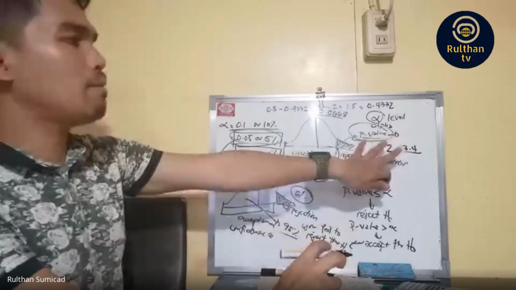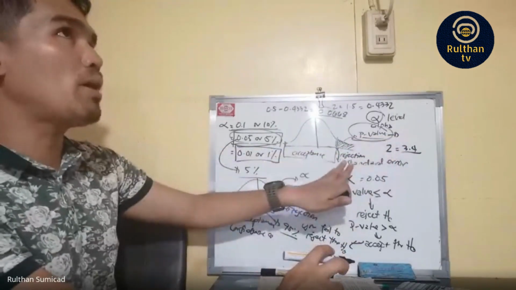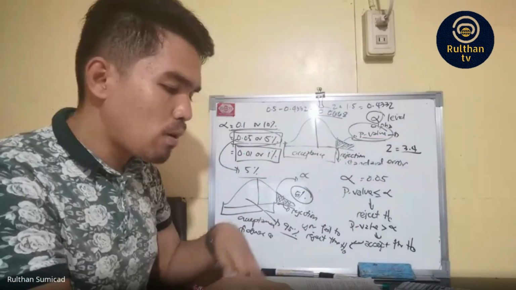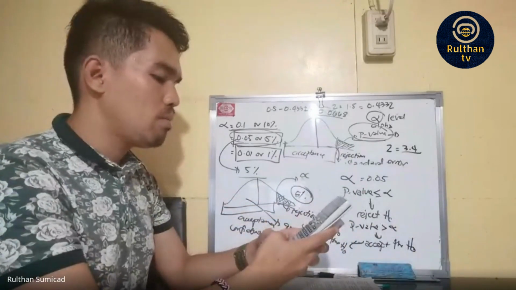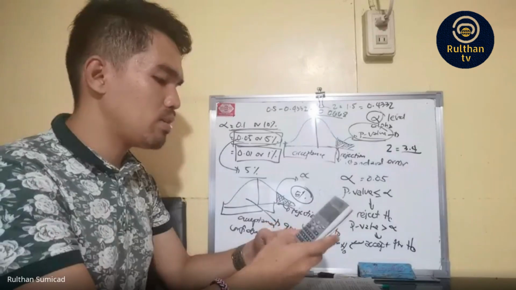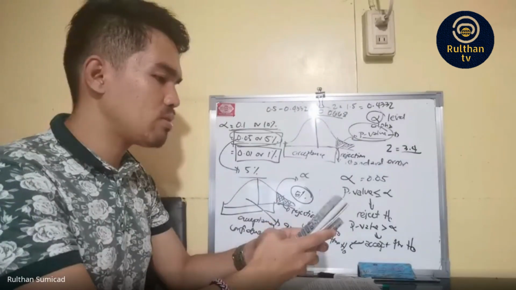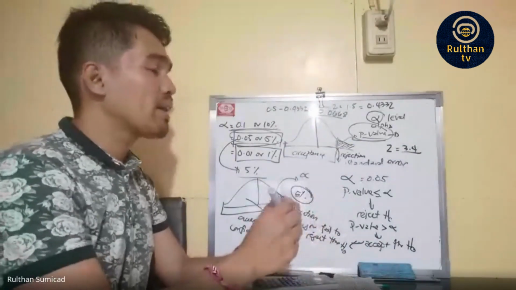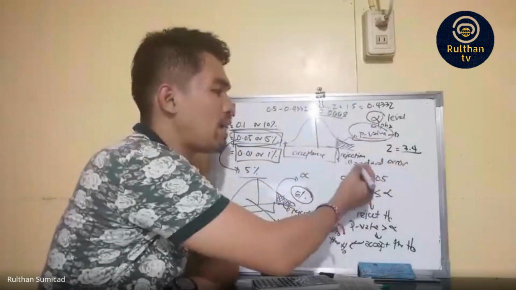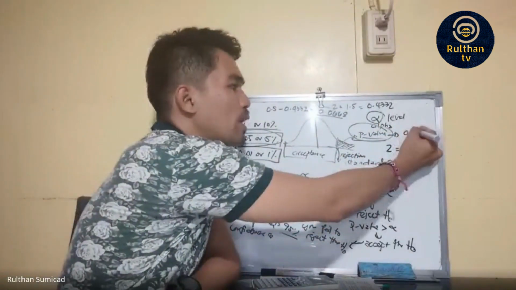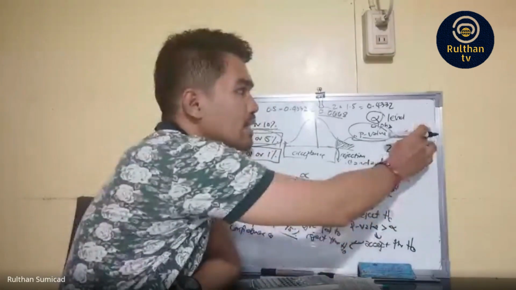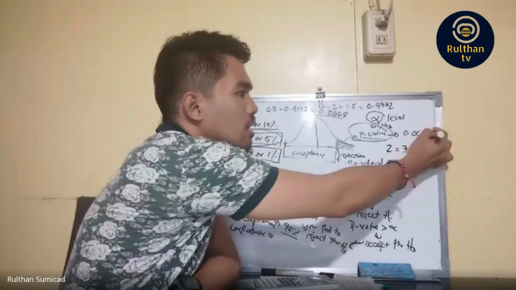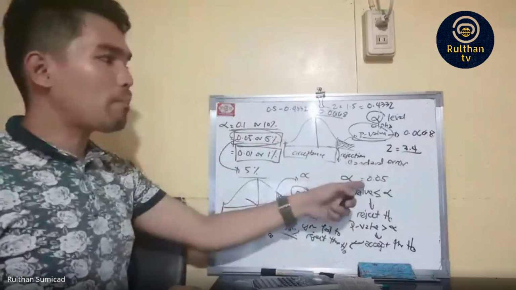Oh, wait, I forgot the p-value of this example, 1.5. That is 0.5 minus 0.4332. Okay, the p-value for this one here was 0.0668. Now that is for 1.5.